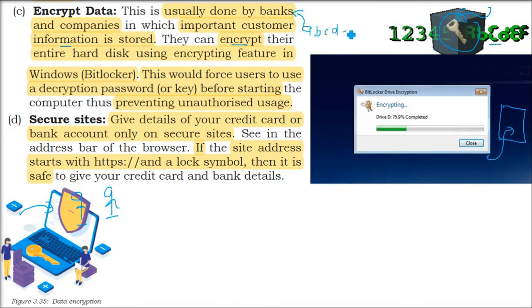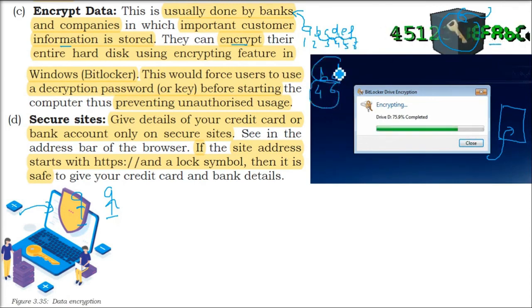For example, if you have A, B, C, D, E, F, just give some numbers here. Now, if you want to transfer B and D, you don't transfer B, D. You can either transfer 2 and 4 or you can add one more kind of encryption. Now you can go 2 steps ahead in the number. For B, send 4. For D, send 6. When you're sending 4 and 6, nobody is getting BD. They are only getting 4, 6.